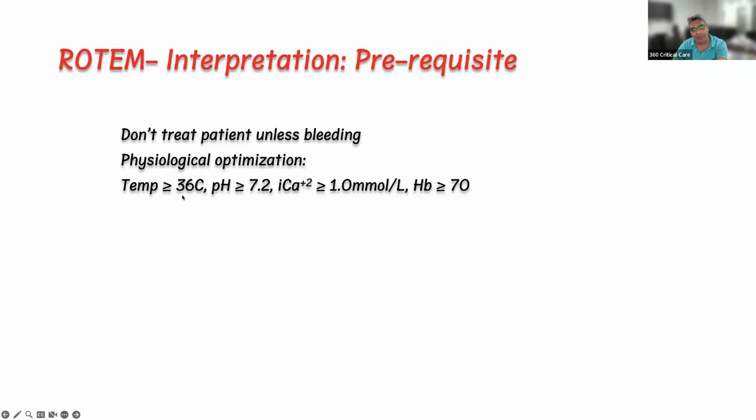So you have to ensure the patient is normothermic, pH is more than 7.2, ionized calcium is normal, and preferably hemoglobin is 70. Only then do you send the sample for a ROTEM, because all these are determining factors of coagulation and will affect the result, but you will not be able to assess them through ROTEM.